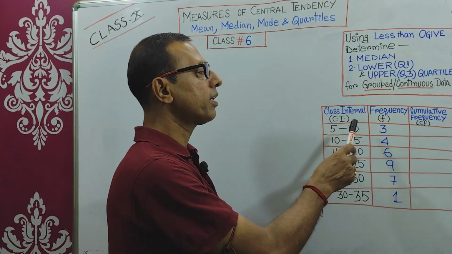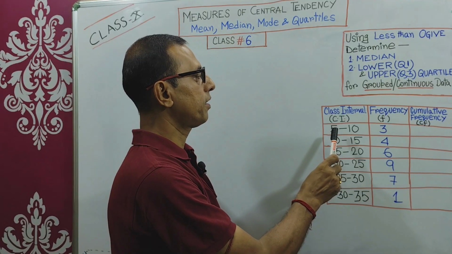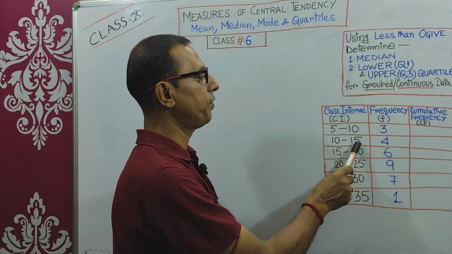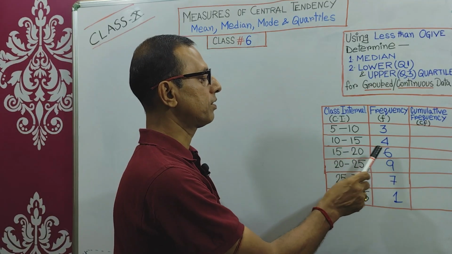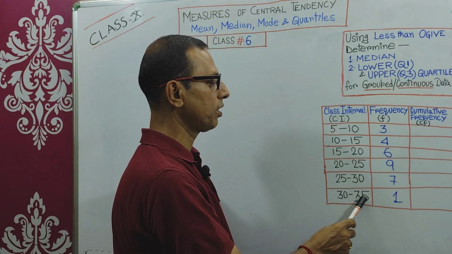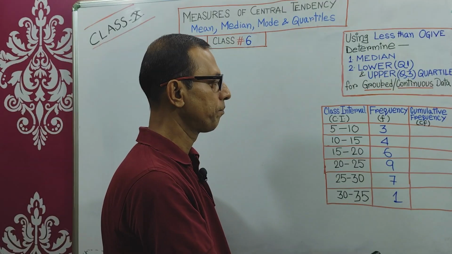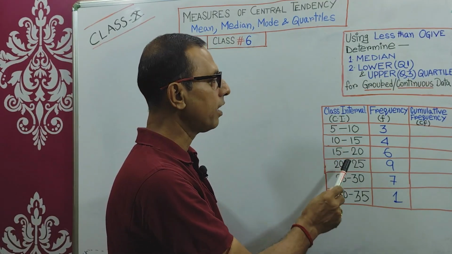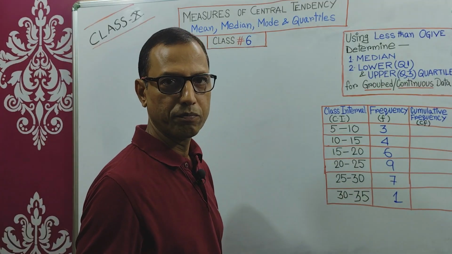I have already covered all that in a separate video where I explained ogive and histogram both. For this particular table you can see the class interval 5 to 10 has frequency 3, 10 to 15 has 4, 15 to 20 has 6 and so on. The last one is 30 to 35 and the frequency is 1. This is continuous group data, and the class interval is 5.